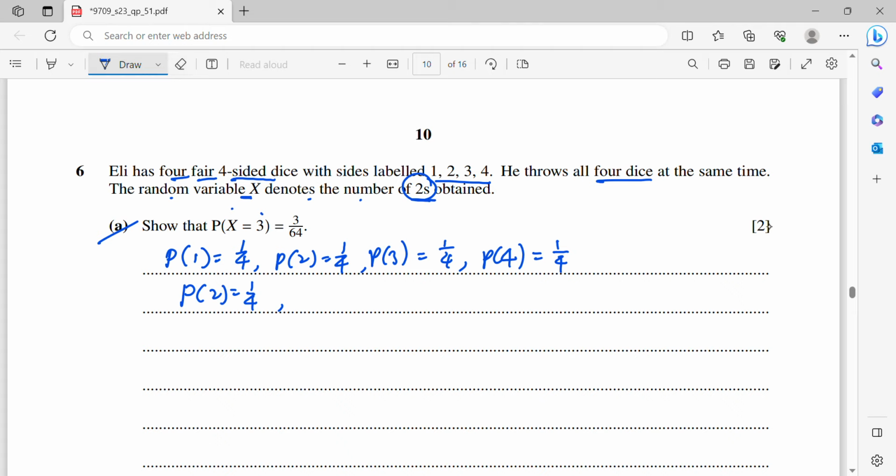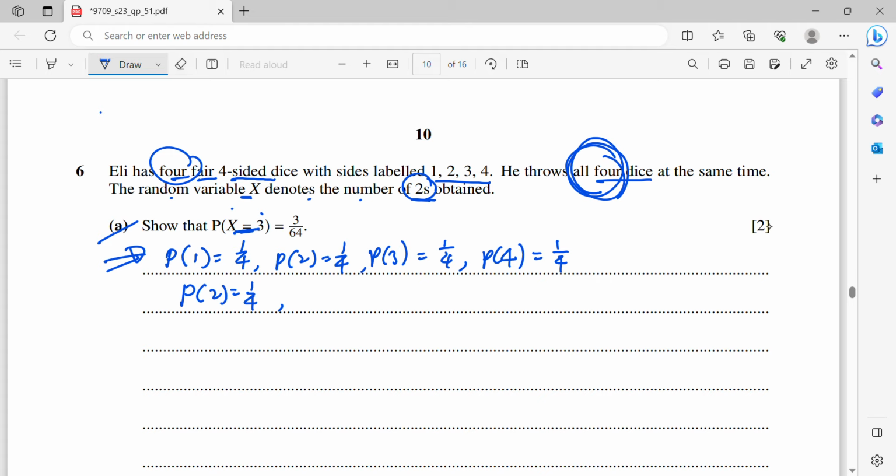So I will say that this is going to be a binomial distribution, because when you throw 4 dice, this is for 1 dice. P1 is 1 over 4, P2, P3, P4 equal 1 over 4. Now when you throw 4 dice and you get 3 times the number 2, this is a binomial distribution.